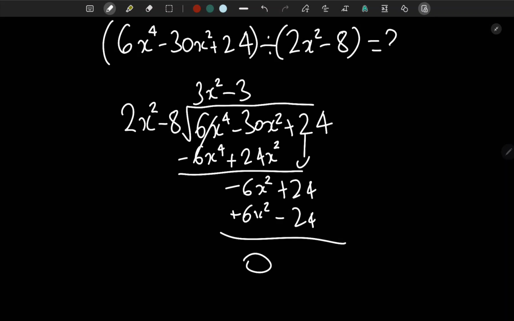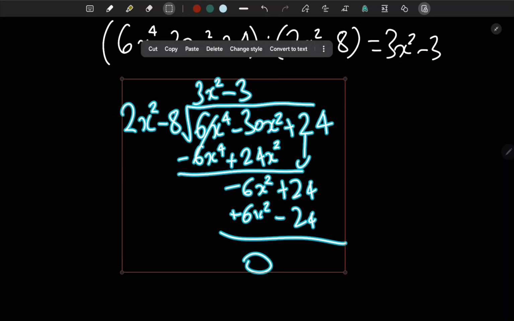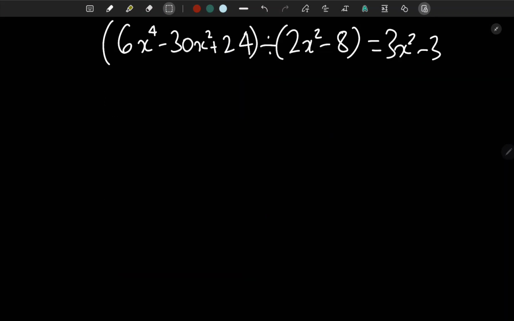So let's do it. Let me just write this over here and get rid of this. And let's substitute 0, as 0 is the easiest number to substitute here. So you're going to get 24, because these two are going to be 0, divided by minus 8, since this part is going to be 0, and it's going to be 3x squared minus 3, so this is 0 minus 3, and that is correct.